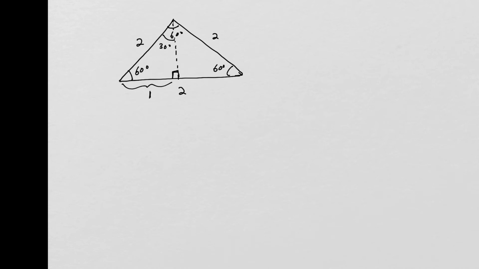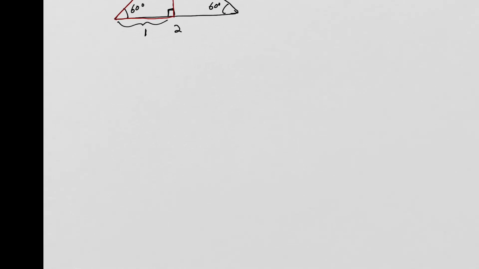If I just look at this right triangle, I'll extract it out and draw it in red here. This is 1, this was 60 degrees, this was 30 degrees, and this was 2.